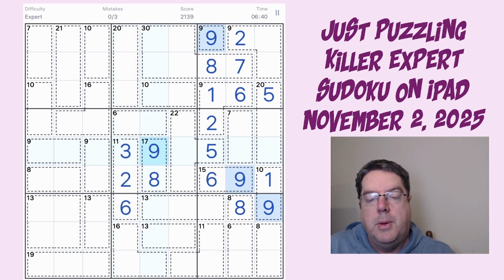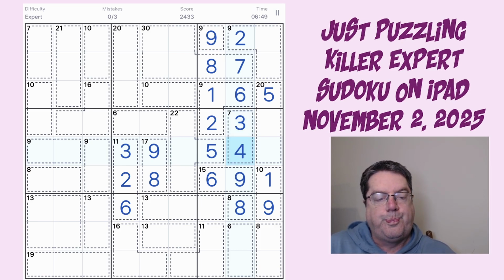So remember, this was 3 and 4, 3 can't be there, so this is going to be a 3 here, leaving that to be a 4. 3 and 5 here, so 1, 2, 3, I need a 4, which can't be there because that'd be a 5, so this is a 4, meaning this has to be the 5, 3 and 5, 6, 7, so this is a 7, meaning this is a 2.